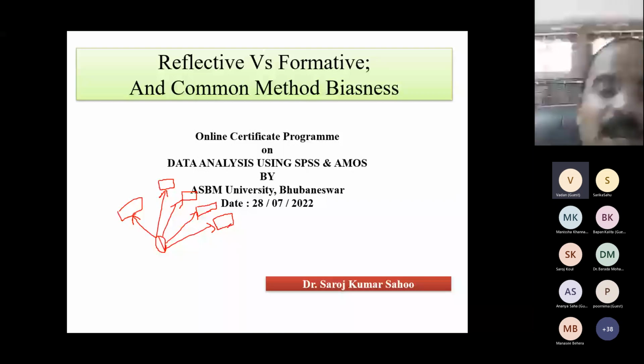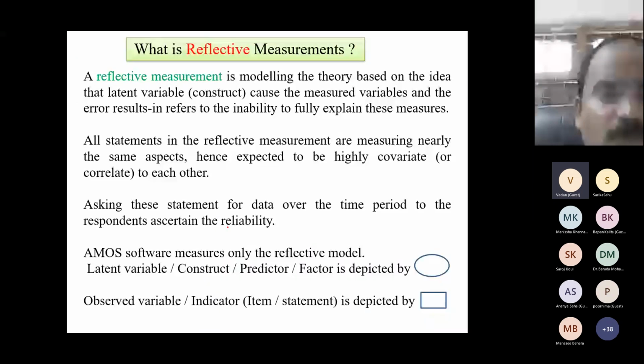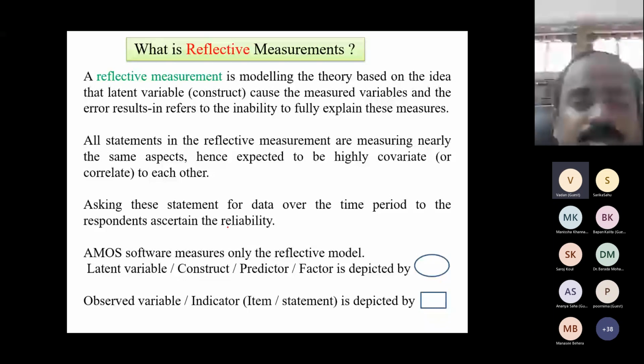Now look here, what is reflective measurement? A reflective measurement models the theory based upon the idea of a latent variable or latent construct, which is caused by that latent variable. That means the latent variable is reflected through some measurement score plus error.